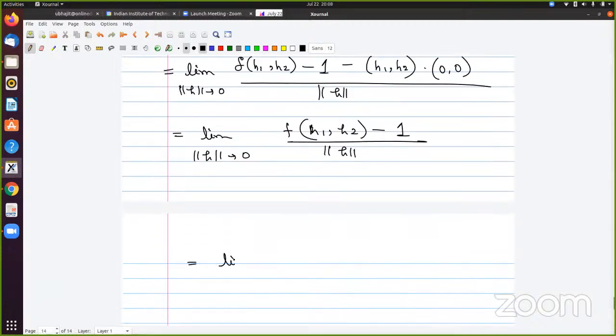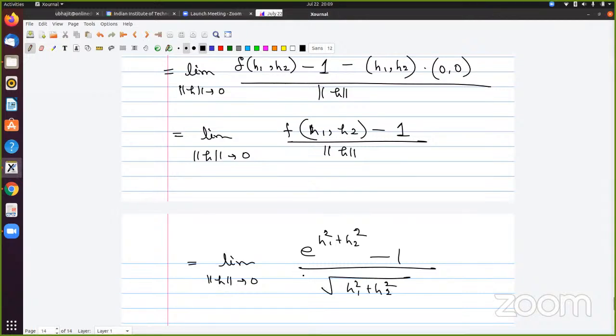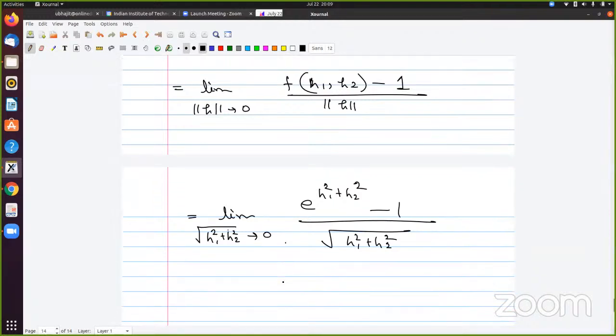Now this is e power h1 square plus h2 square minus 1, divided by the square root of h1 square plus h2 square, and this is h1 square plus h2 square tending to 0. Right? Do you know this limit? Yes, sir.